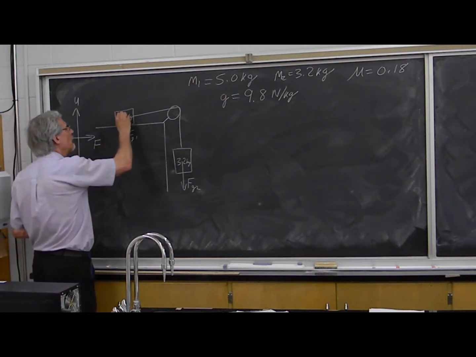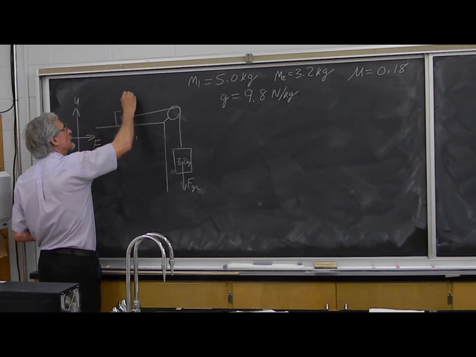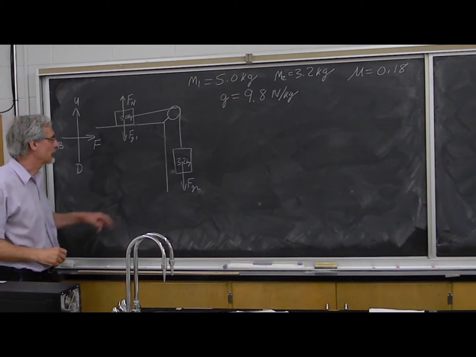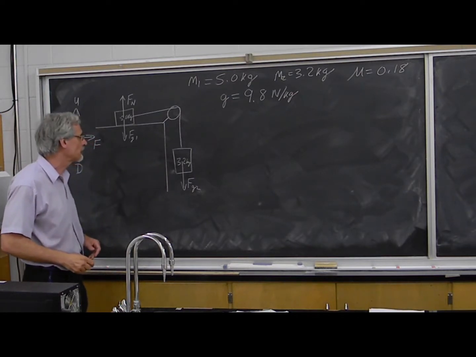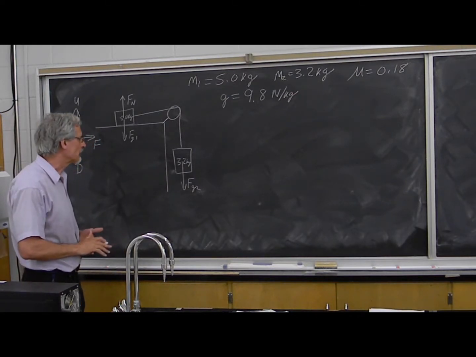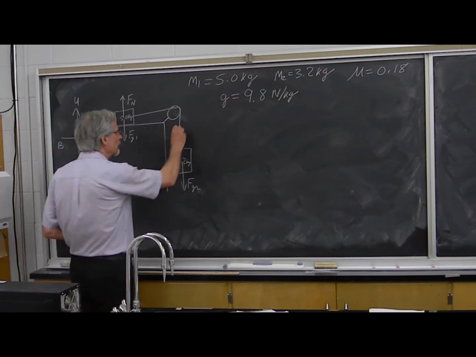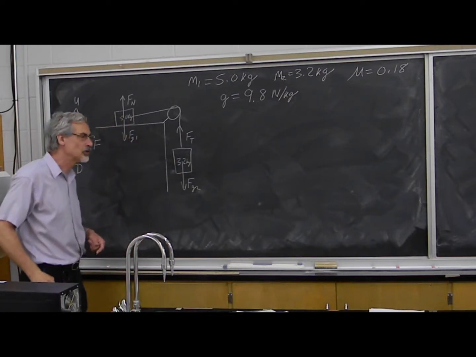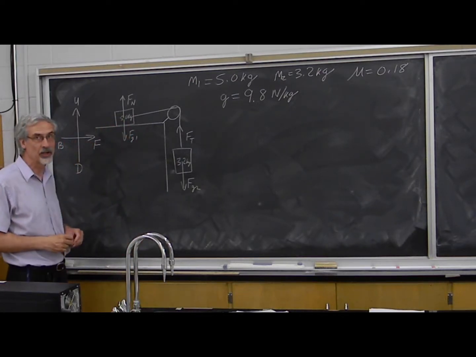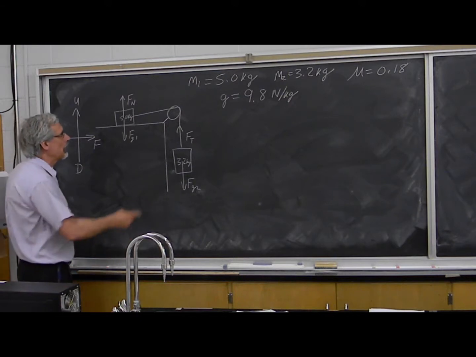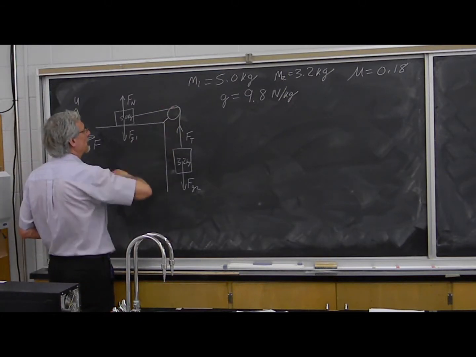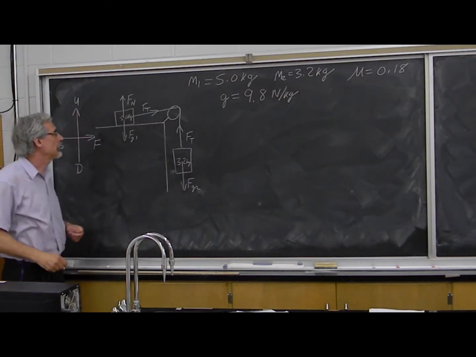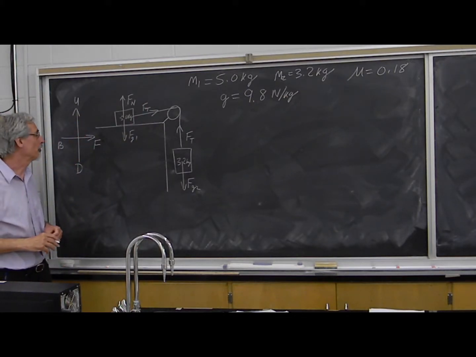However, there will be an equal force, a normal force on mass 1, but there is no normal force on mass 2 because it's not on the surface. However, there will be a tension force pulling upwards, so it will not fall with the same acceleration as normal for gravity. And that tension is then bent by the pulley, so there will be the same force of tension here in the string pulling this one forward.